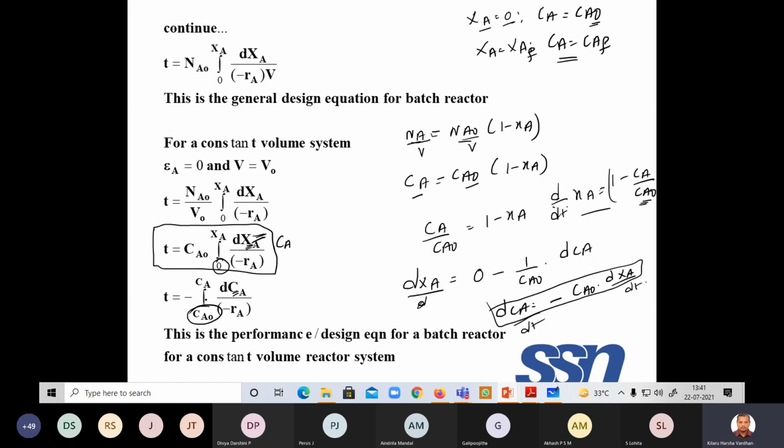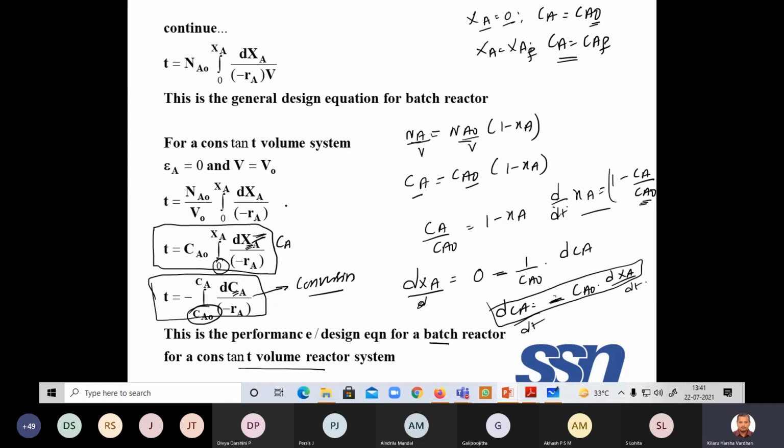That is equal to, this minus will come because there is one minus here. If you substitute, that minus will come: integral from Ca naught to Ca of dCa by minus RA. This expression is the design expression for the batch reactor, especially for a constant volume, in terms of conversion.